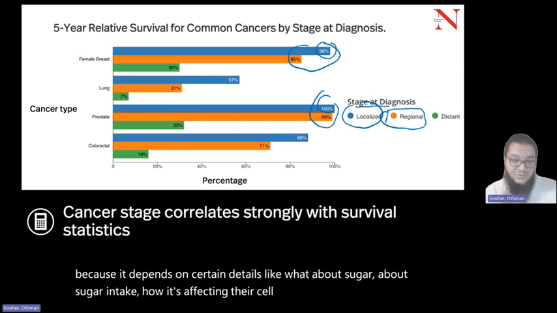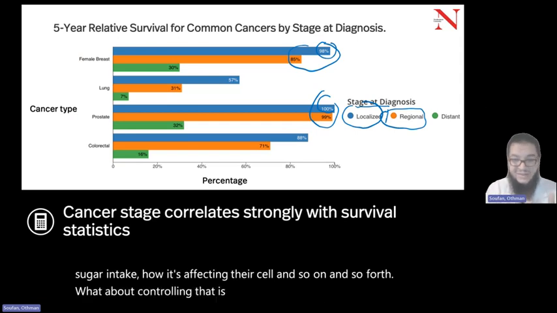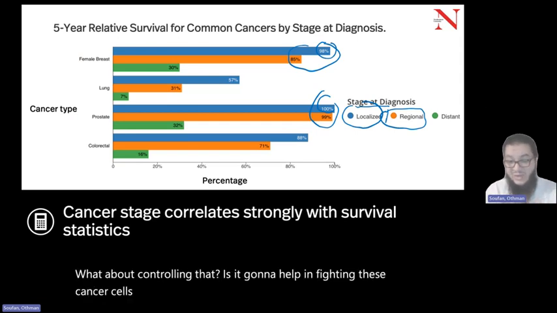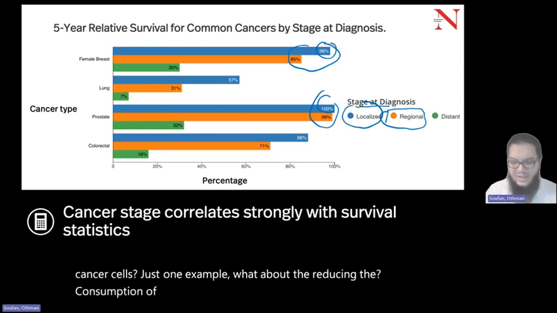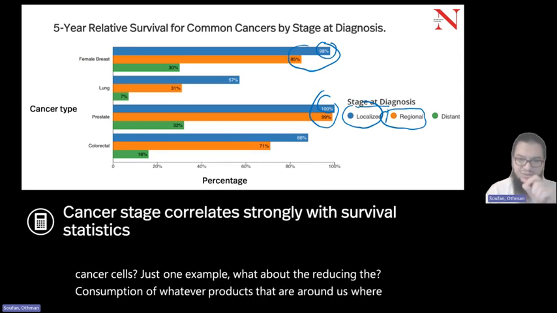What about controlling that? Is it going to help in fighting these cancer cells? Just one example: what about reducing the consumption of products around us where there is some chance of carcinogenic ingredients or compounds?